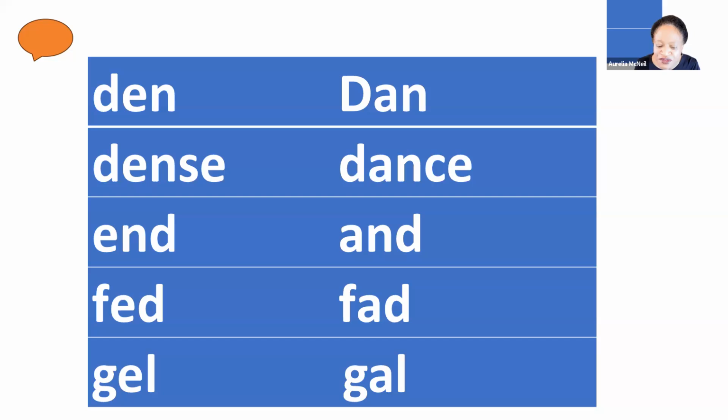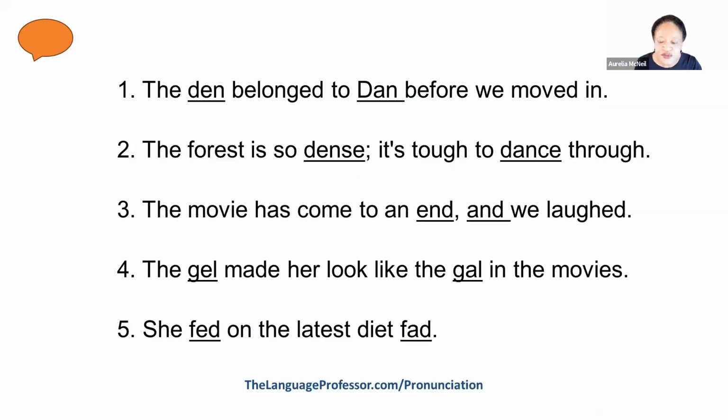Okay, now let's move on and we will try some of these words in sentences. Remember, I'll say the sentence first and you just look and listen. And then afterwards, I want you to repeat and imitate my sound. Let's begin. The den belonged to Dan before we moved in. You try.